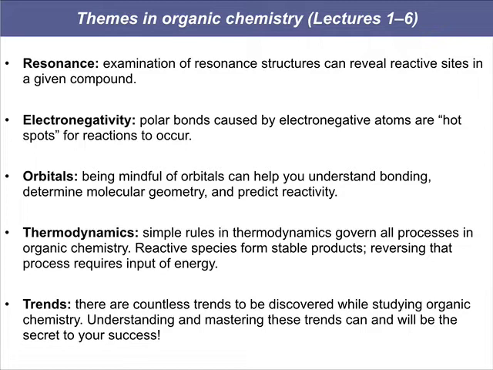If you can understand trends and simplify things rather than having to memorize everything, look into the patterns, understand the patterns, that's going to simplify your life a lot, and that will be the secret to your success. In organic chemistry, you simply can't memorize everything. There's just too much material. So rather than trying to memorize everything, you look for patterns, you look for shortcuts. That's going to be a secret to your success.